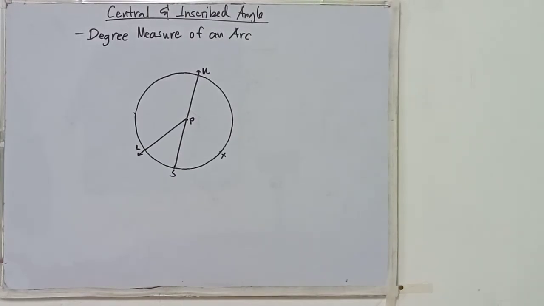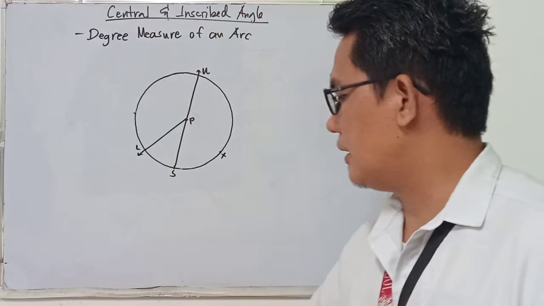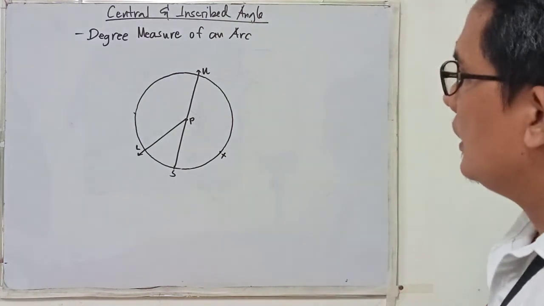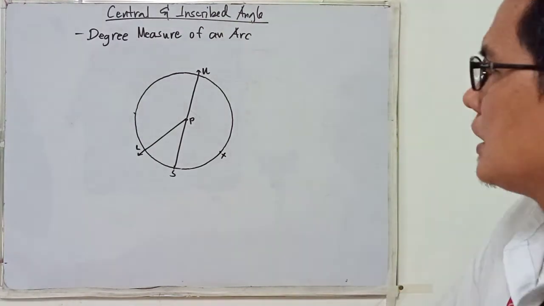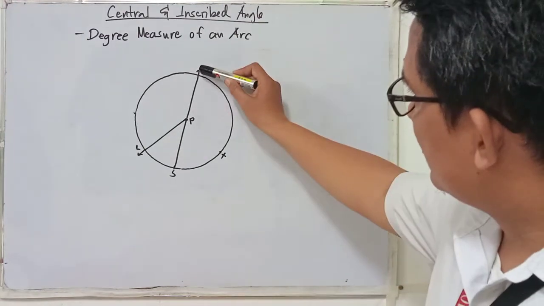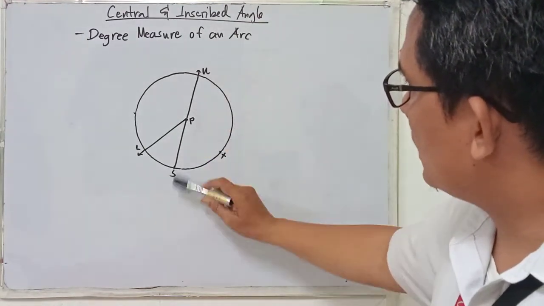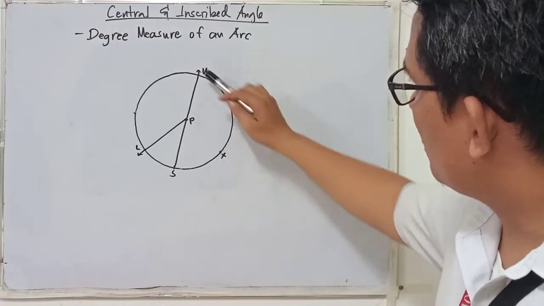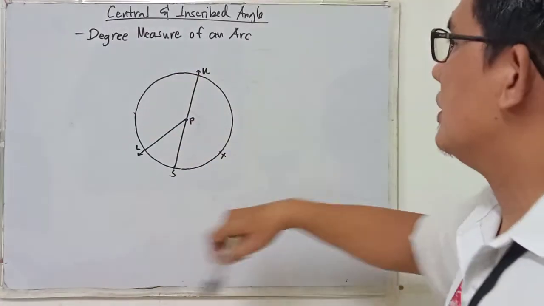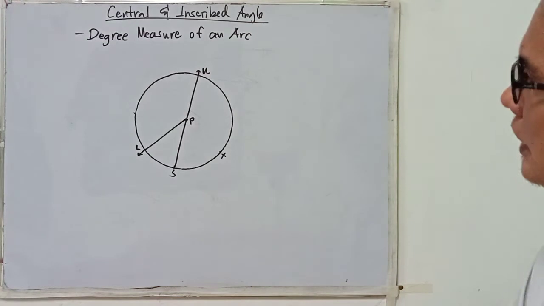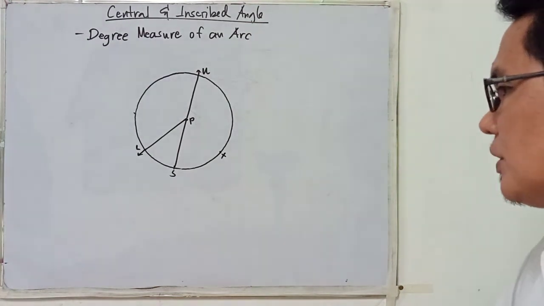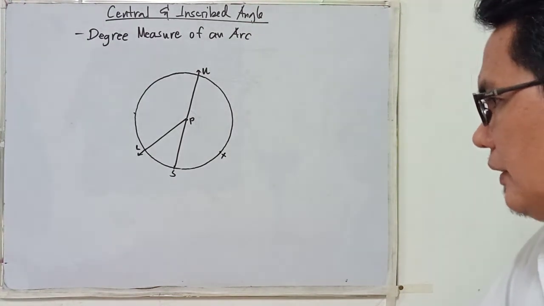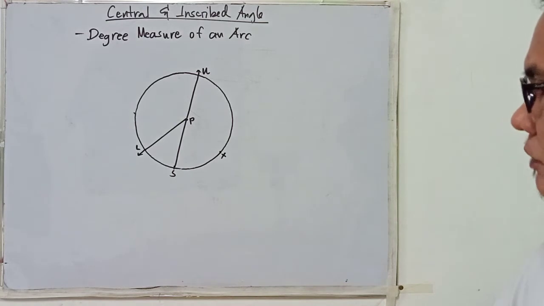Okay, I have here again an illustration of our circle. We have a circle here, circle P. We have this diameter, we have this radius, we have this arc here, we have this arc here, and we have many things going on in this illustration. So let us first identify the kinds of arc.